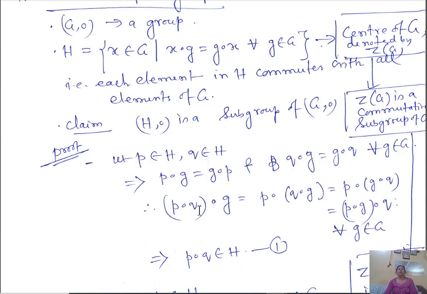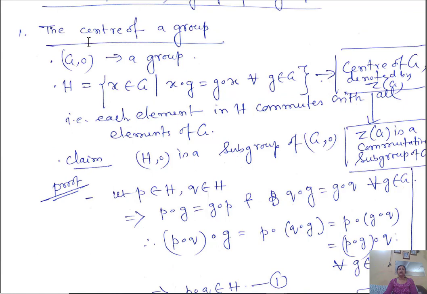Now p composition q, I take its composition with g. By the associativity law, because this is a group, if you treat all these as elements of capital G, we get p composition q composition g, I can write it in this way. Now q composition g is g composition q. I write this.